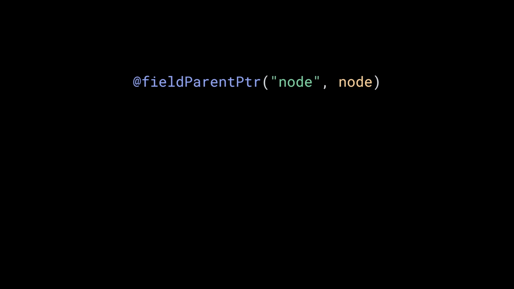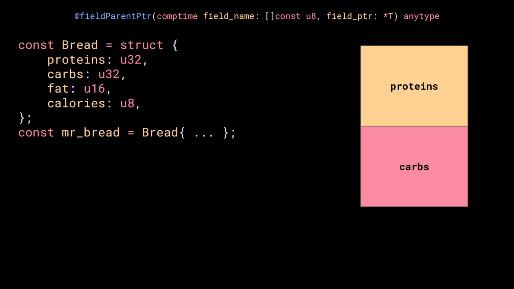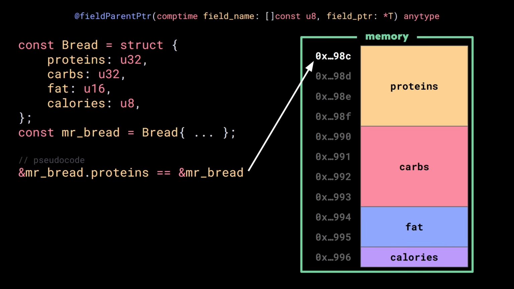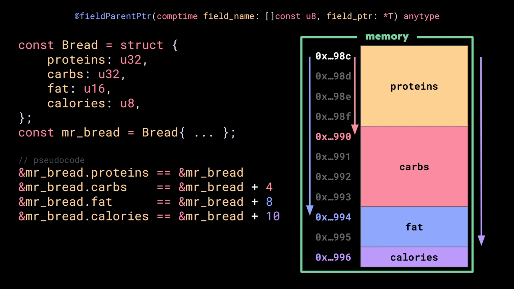The way @fieldParentPtr works is pretty straightforward. When you create a struct, the different fields are stored next to each other in memory, and the address of the struct corresponds to the address of its first element. All other fields are stored at some offset from this address. This offset depends on the size and alignment of the different fields, which are known at compile time.